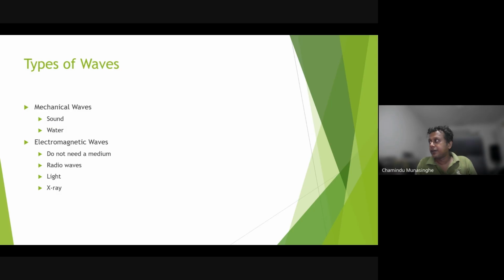Those are electromagnetic waves, which have an electric field and a magnetic field. The electric field and the magnetic field are perpendicular to each other, and the wave propagates perpendicular to that.